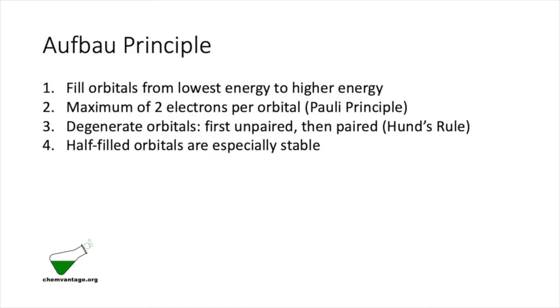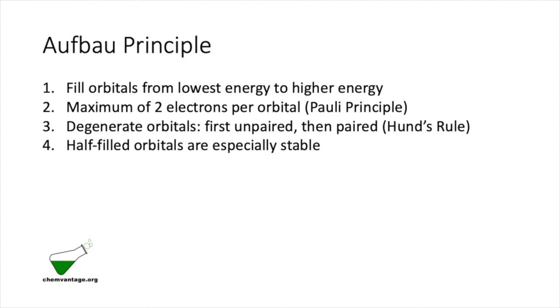This process of adding electrons to orbitals is called the Aufbau, or building up principle. It has 4 basic rules. First, fill the orbitals in order of lowest energy to higher energy. Second, there can be a maximum of only 2 electrons per orbital. This is called the Pauli exclusion principle.